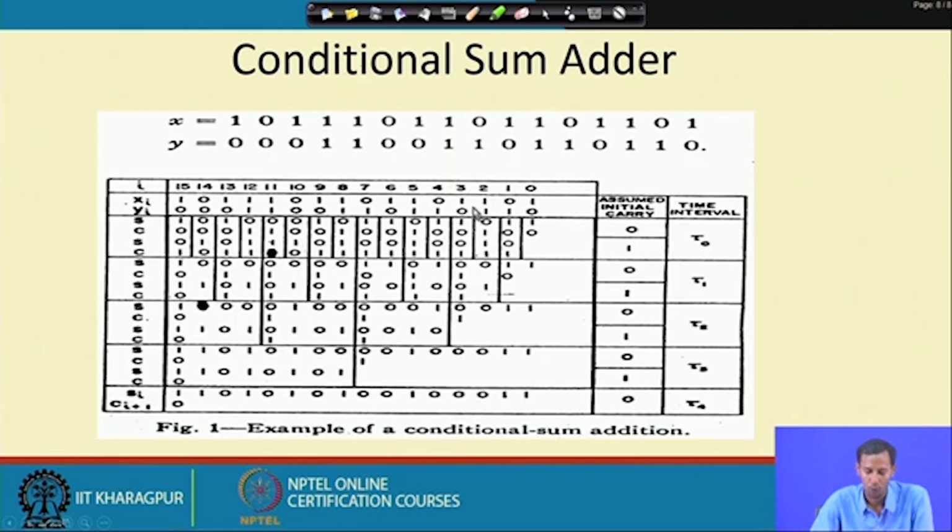That means for y 3 and x 3, consider this is 1 0. Considering carry input 0 I will get 1 0, considering carry input 1 I will get 0 and 1.